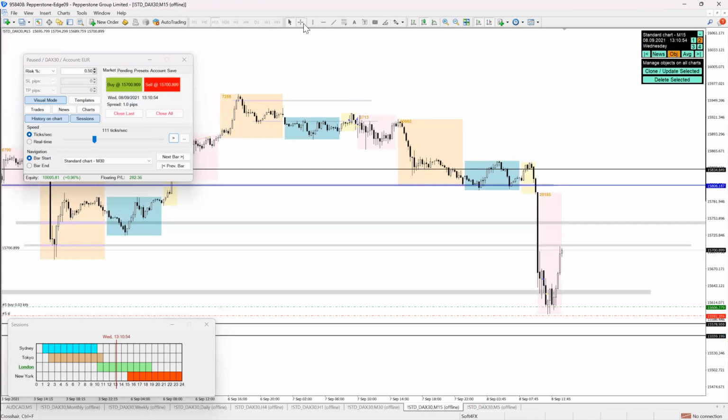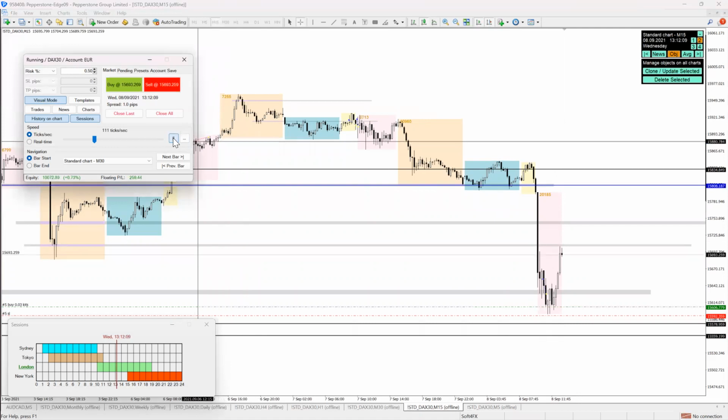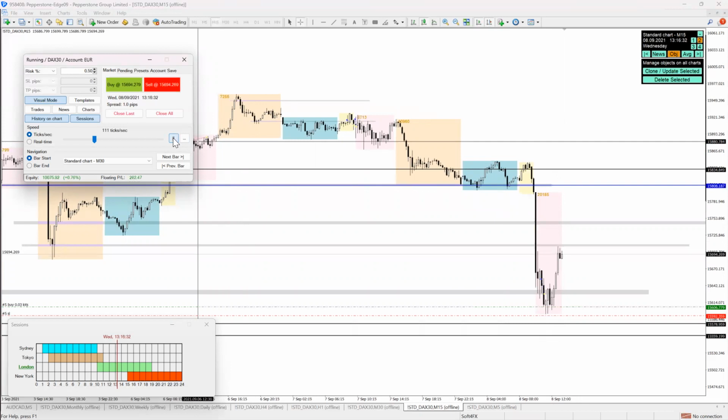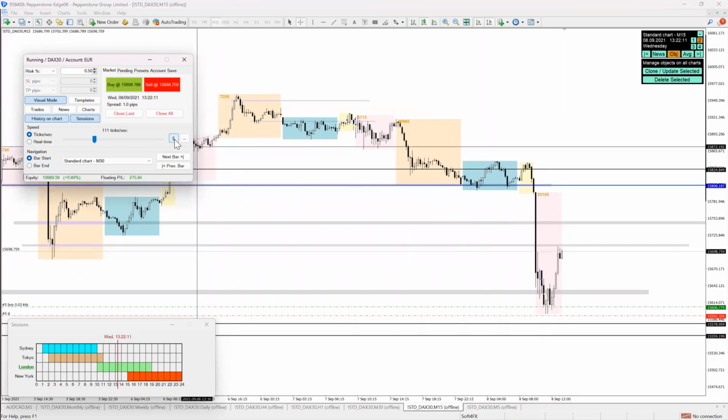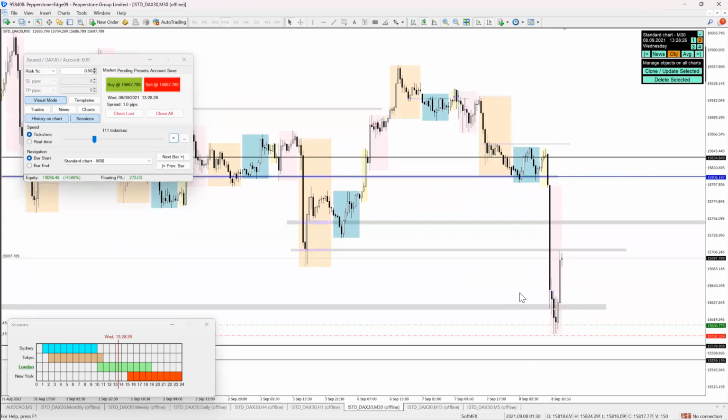Going back halfway to this range now, so I'm gonna close some here, unless it breaks this high. 30 minutes just about come to a close.